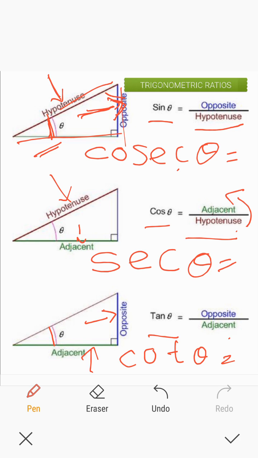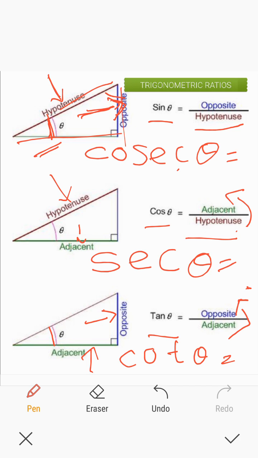In the form of a ratio, cot theta is the adjacent side of theta divided by the opposite side of theta. So the 6 trigonometric ratios are sin theta, cos theta, tan theta, cosec theta, sec theta and cot theta. It is better to remember the 6 ratios in pairs.